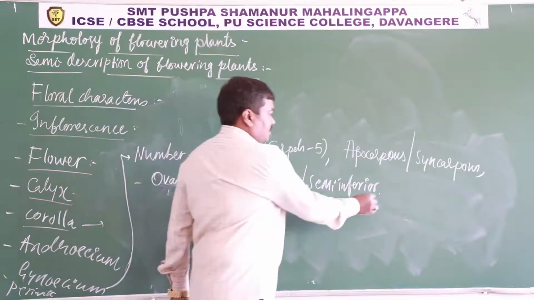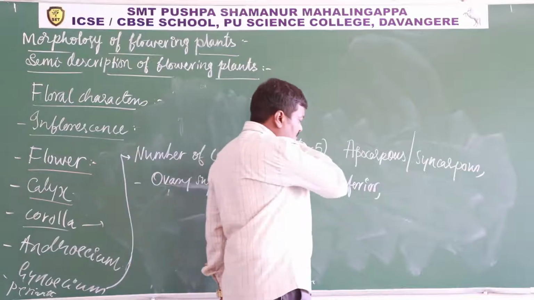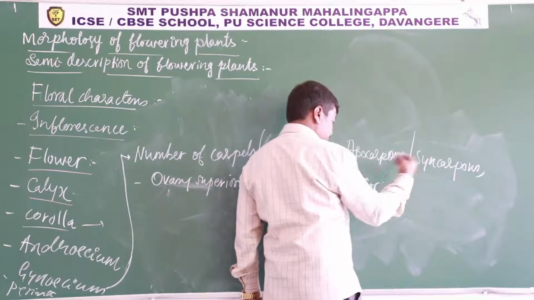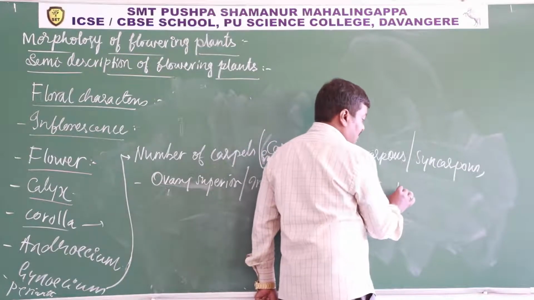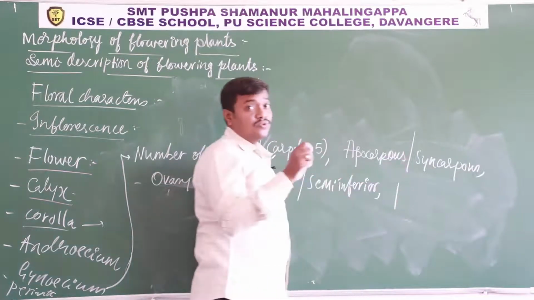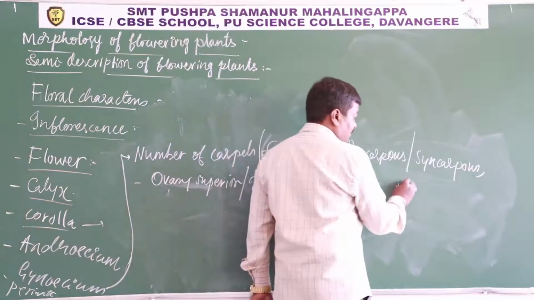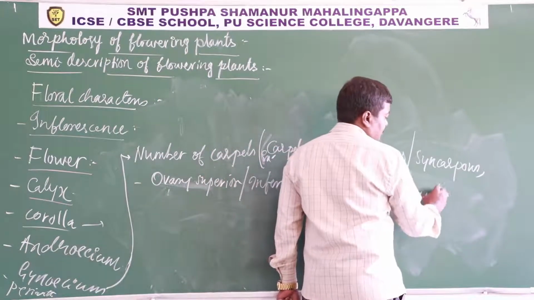Okay. Then come to the style and stigma characters. Style and stigma we will write later. Then come to the arrangement of ovules in an ovary, called placentation. We need to mention the placentation.